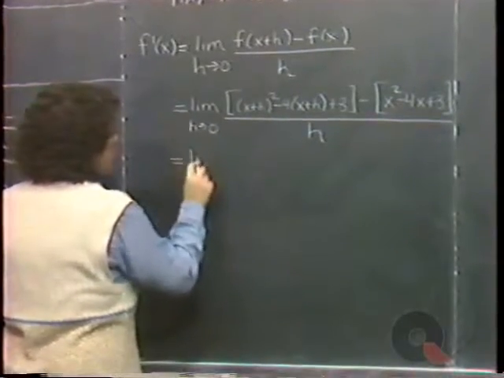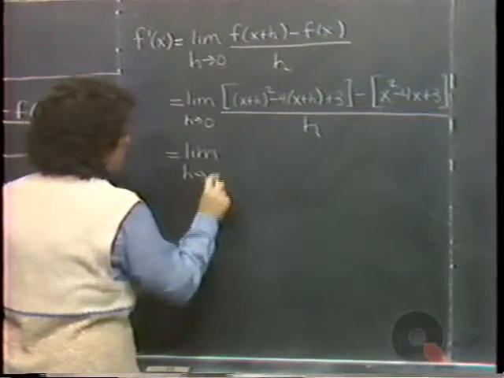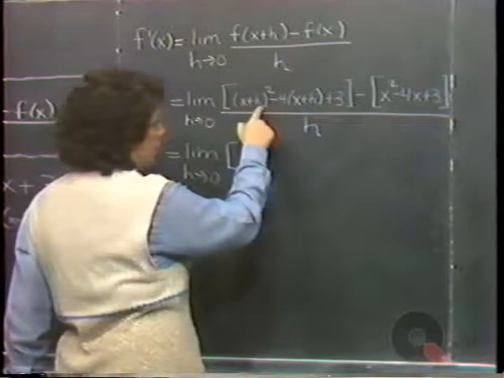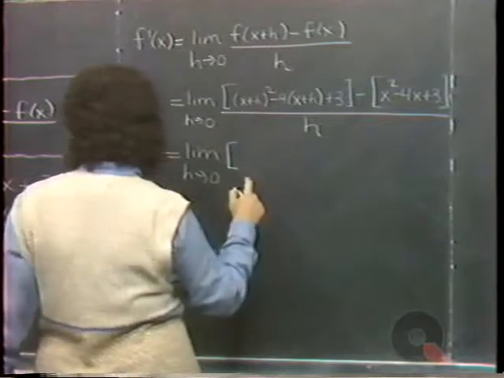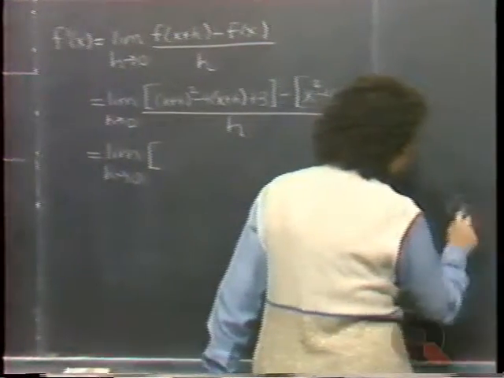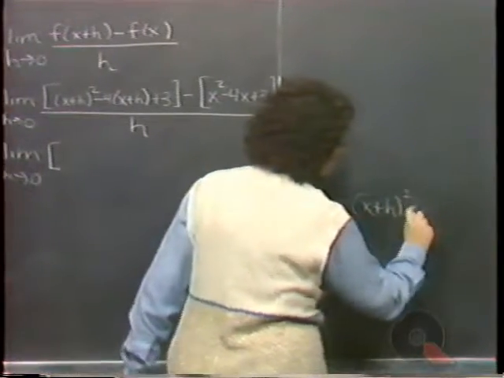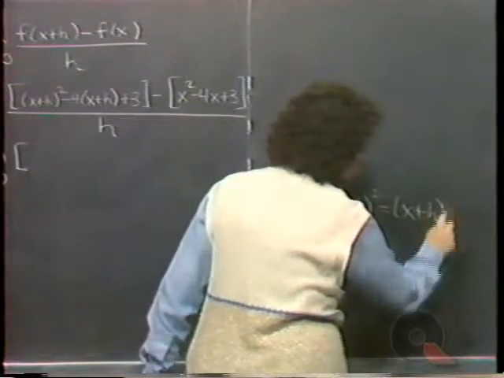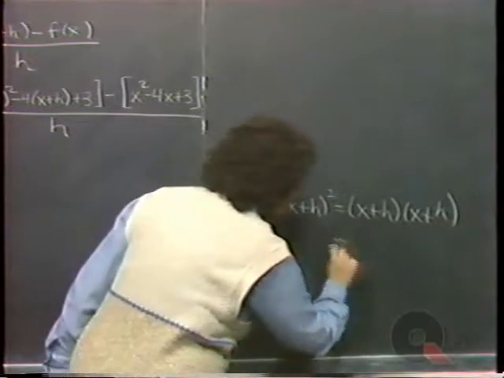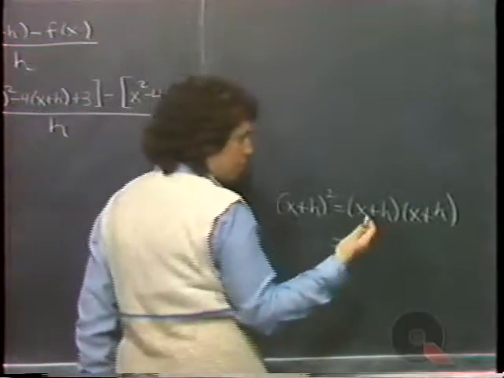We have the limit as h approaches 0. Now, x plus h squared is x plus h times x plus h. Just reminding you, x plus h squared is x plus h times x plus h, which is multiplying binomials using FOIL.